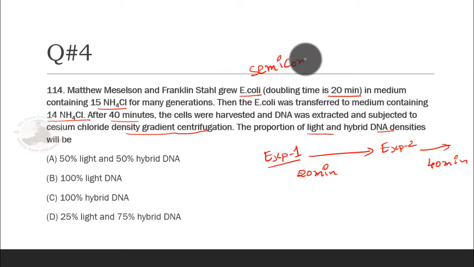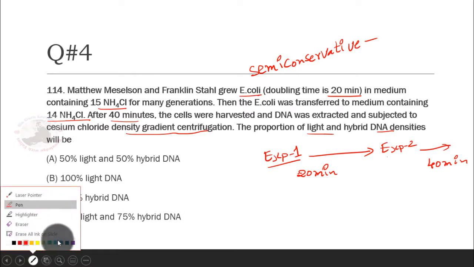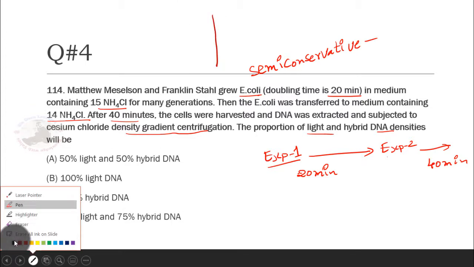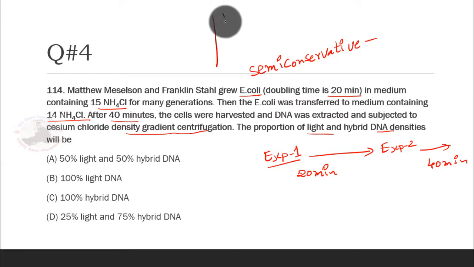semi-conservative replication. Semi-conservative replication means there will always be one parental strand and one new strand of DNA.